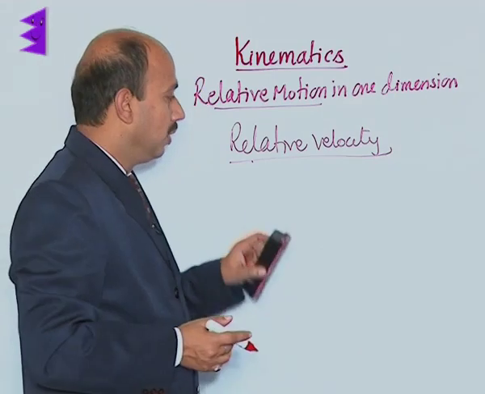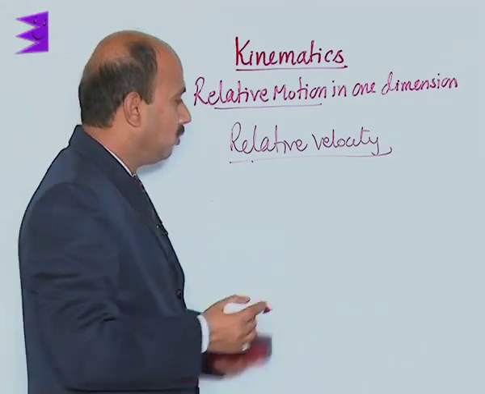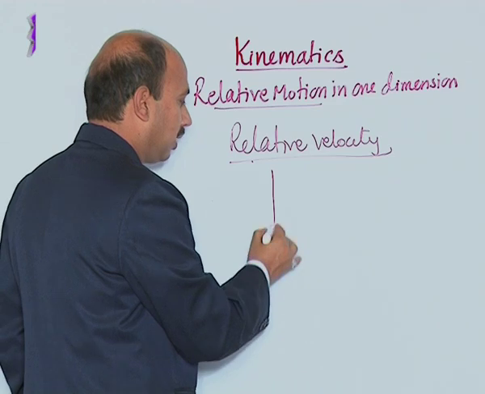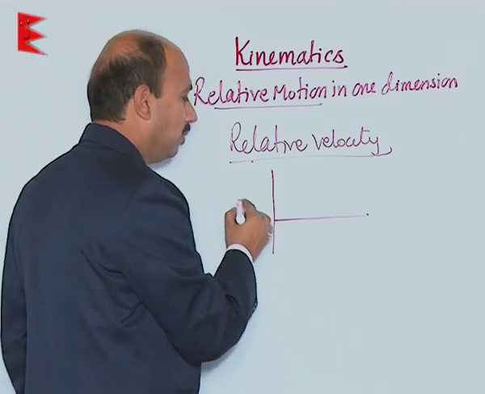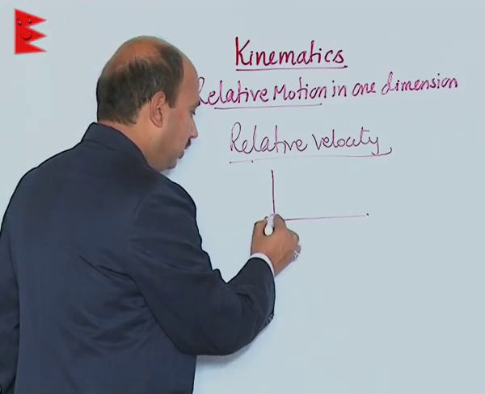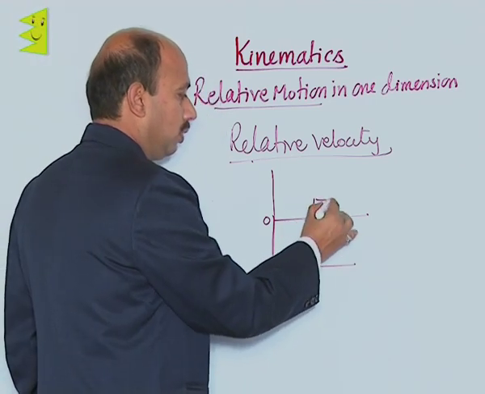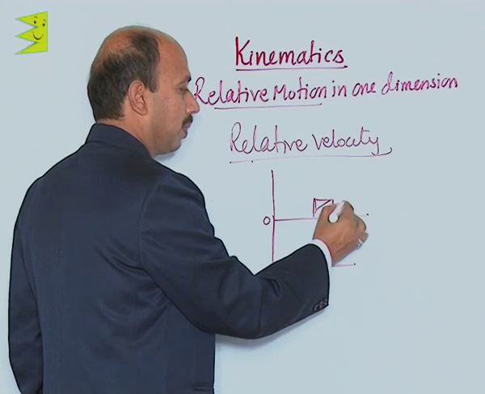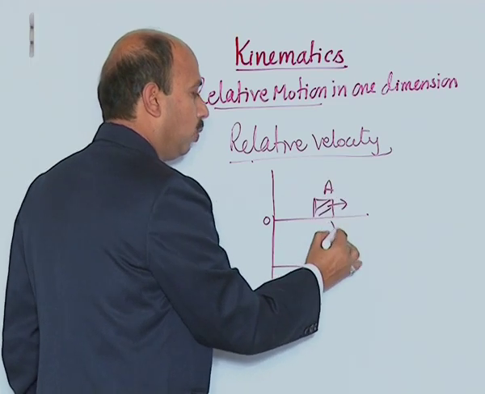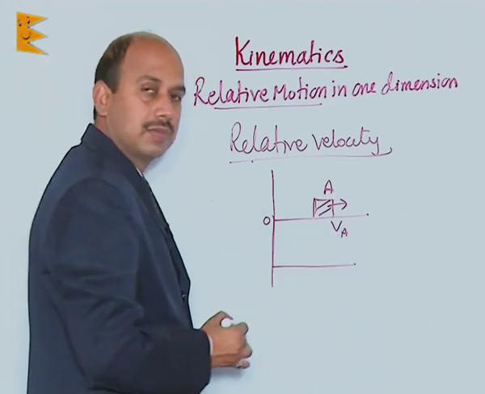Now see here, we will take an example. I am taking this point as the origin. Here I am taking the two lines. Here is one car, suppose A, which is going with the velocity VA.